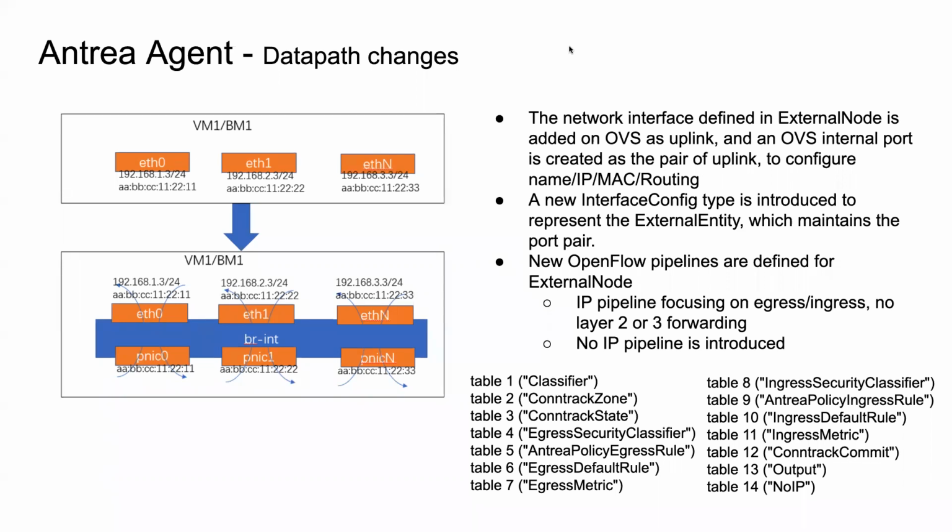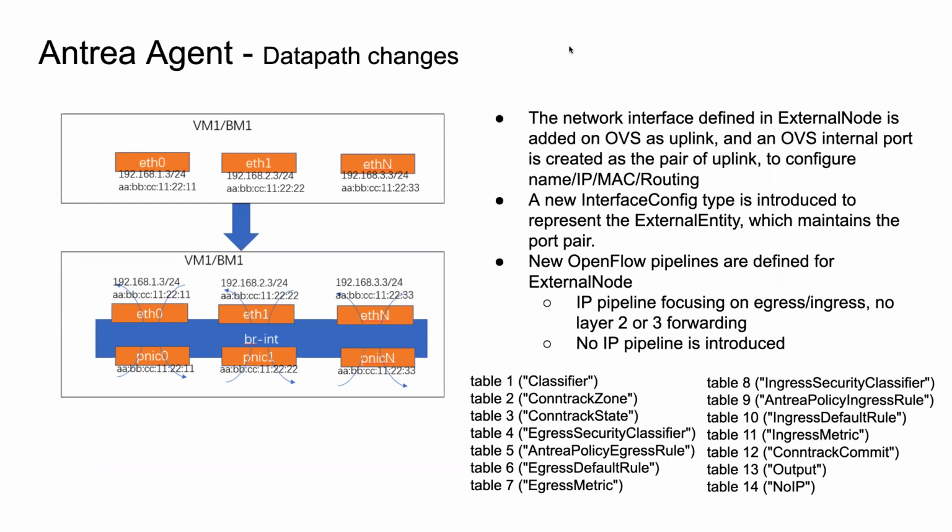First, for the code changes, we are using a feature gate to control the code branches. And for GitHub, we are creating a feature branch to maintain the code until all the changes are ready.